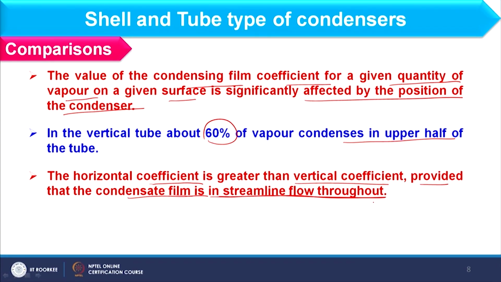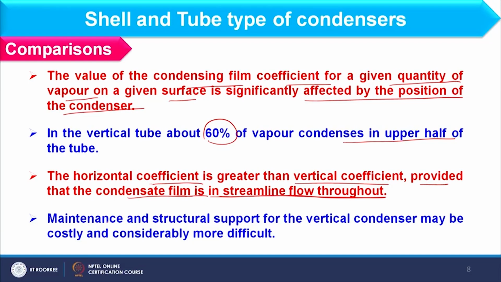So, usually we obtain a higher coefficient in a horizontal condenser, because in a vertical condenser the problem may occur because of condensate accumulation, right. And further we consider that maintenance and structure support for a vertical condenser may be costly and considerably more difficult.